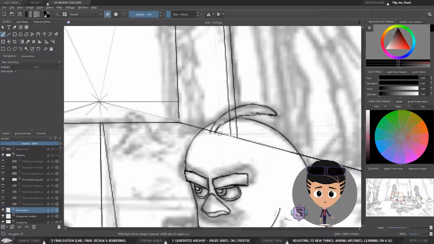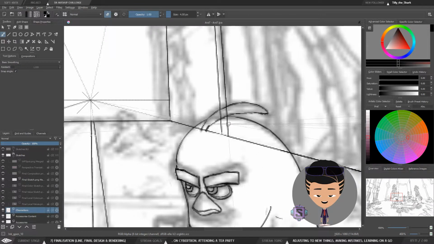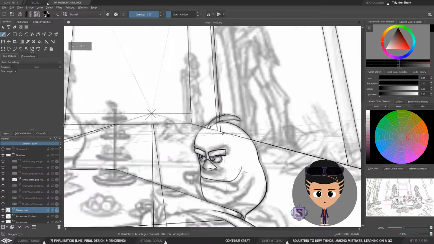Probably not going to see it. There's a couple of feathers. We could actually depict some extension for these feathers in here to make the silhouette a little bit better or more diverse.